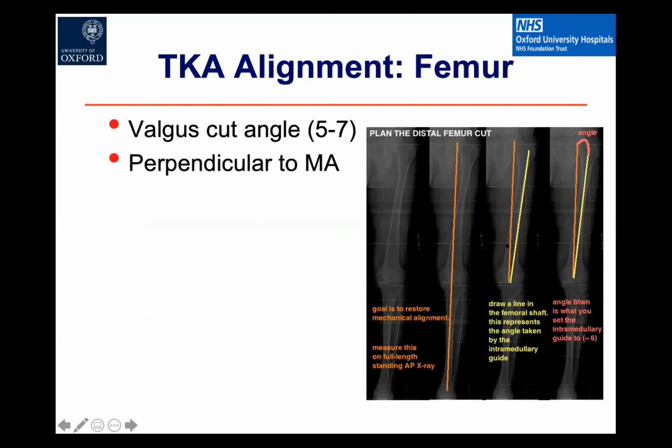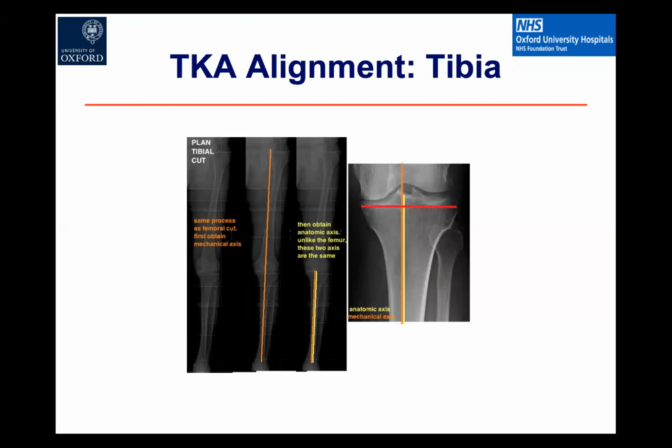You can see here on the diagram on the right, you've drawn your mechanical axis, and you've drawn the anatomical axis of your femur, and templating beforehand on long leg views, you'll be able to get an idea of what your valgus angle should be and what this is set at when you come to put your femoral jig on. Tibial alignment, again, you have your superimposed anatomical and mechanical axes, and you have a line perpendicular to this.